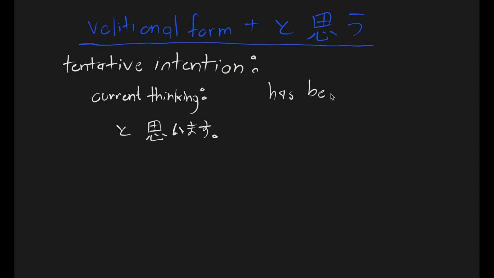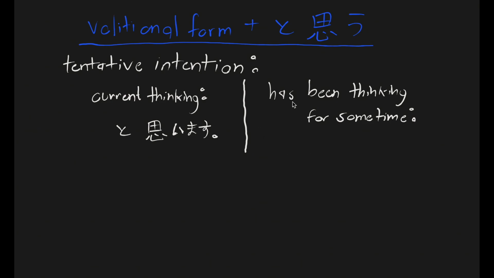has been thinking for some time. Now, how would you express that you've been thinking about it for a long time? The importance in expressing between these two is actually pretty great.